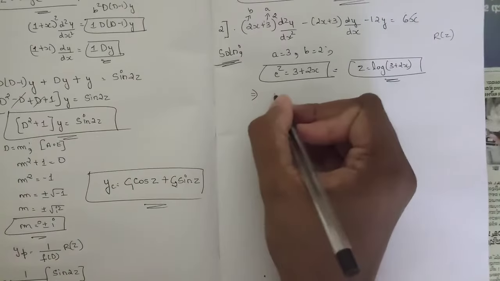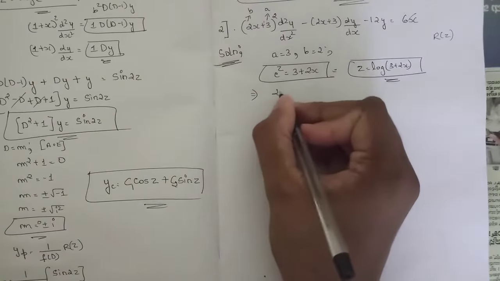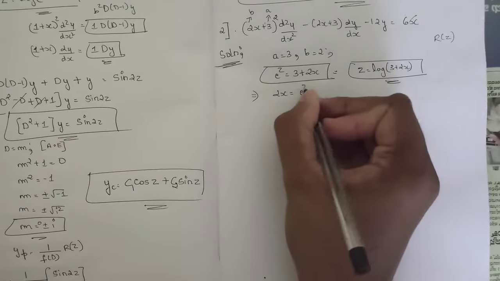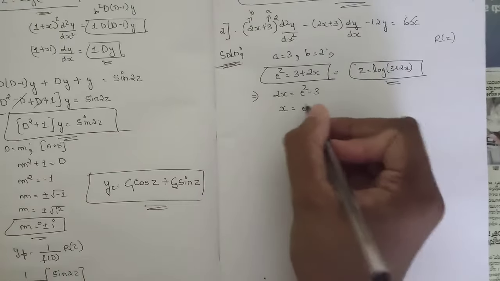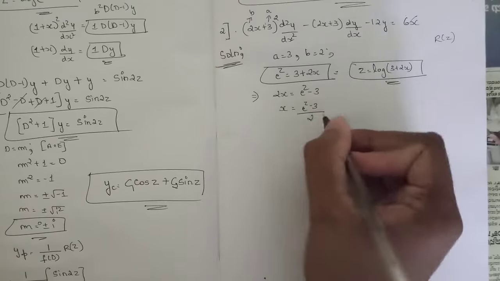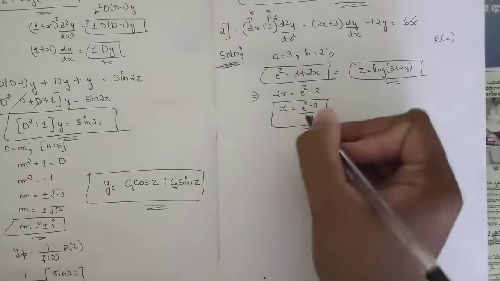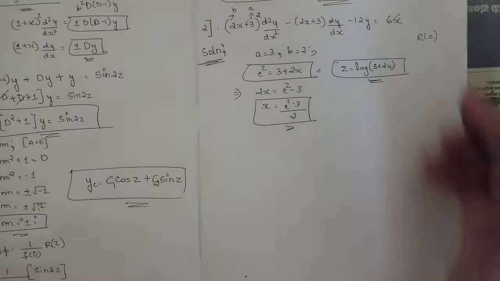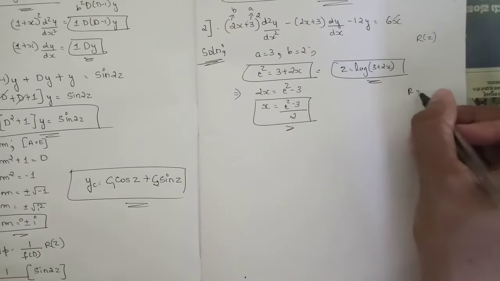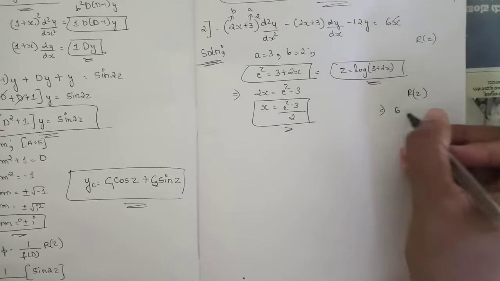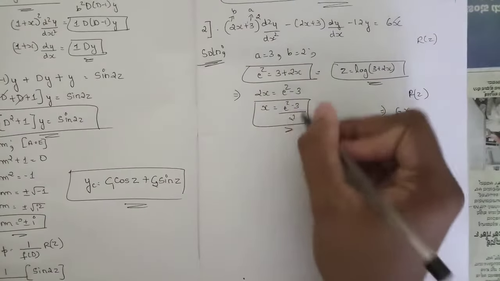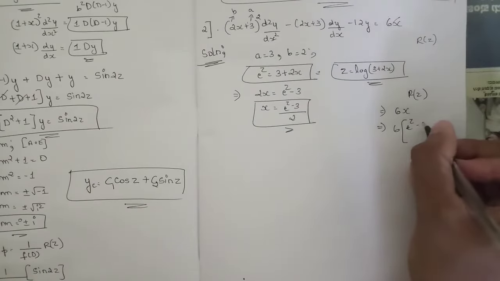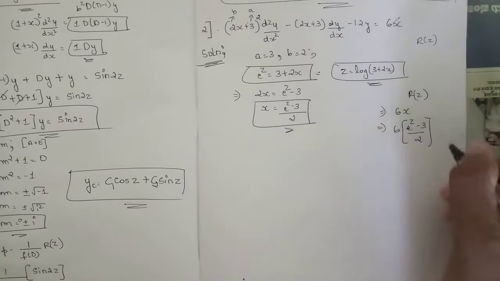If we bring the 2x term to one side, we have e^z, and the 3 becomes minus 3. So we can write x = (e^z − 3)/2. Now we have found the value of x. So our r(z) term, where we had 6x, becomes 6(e^z − 3)/2.